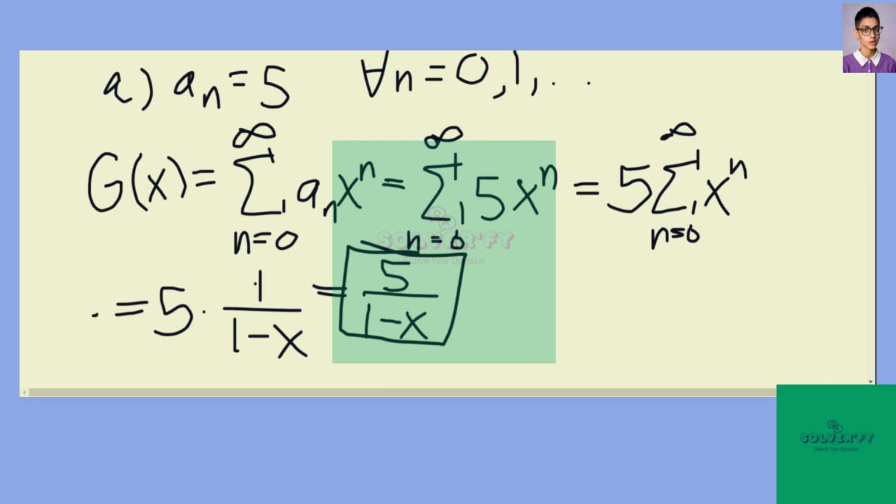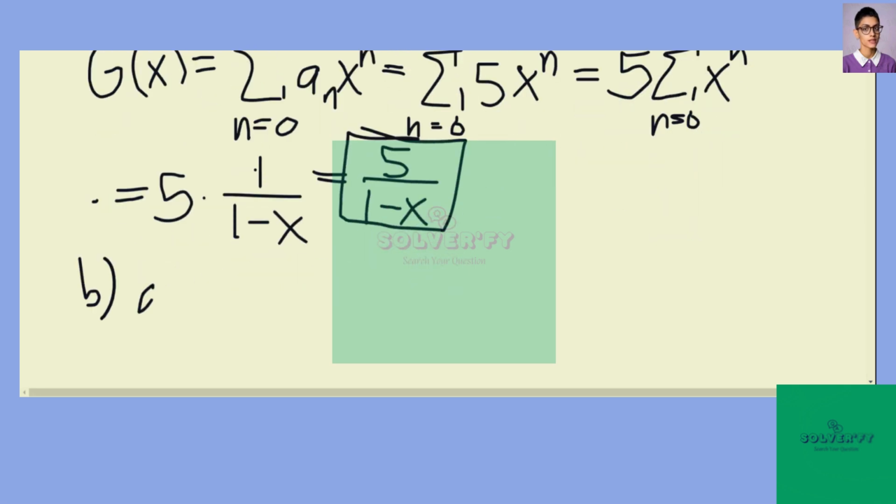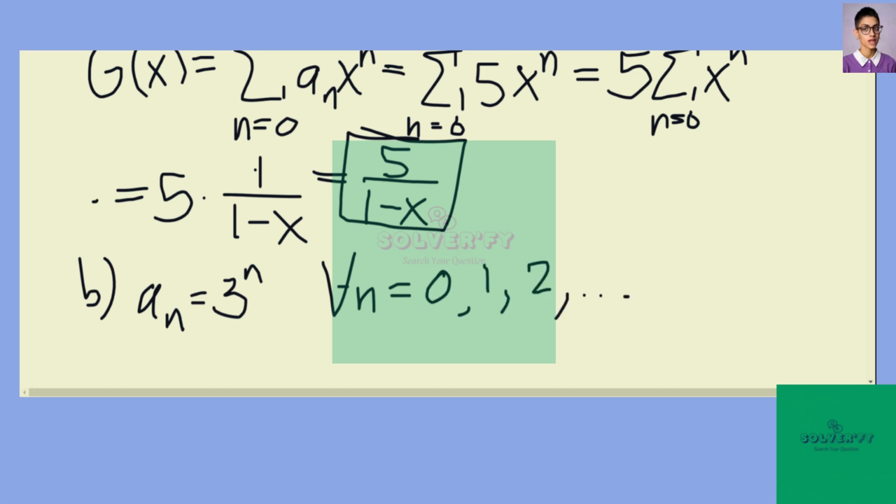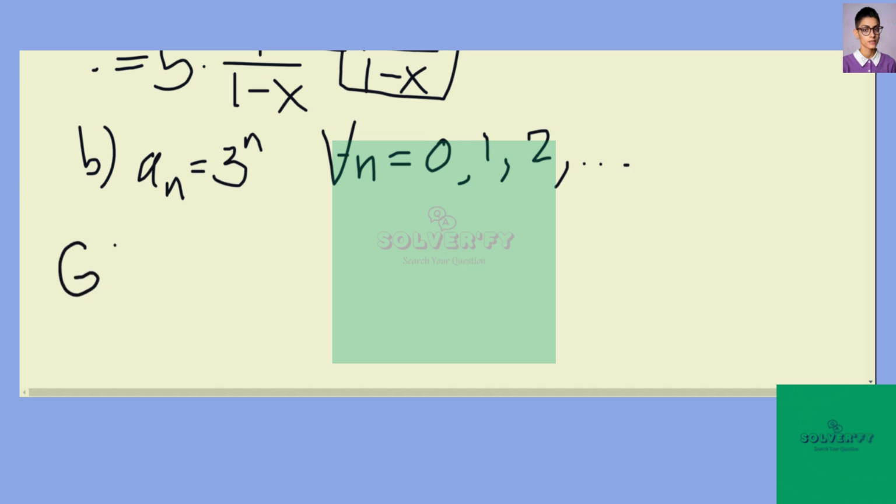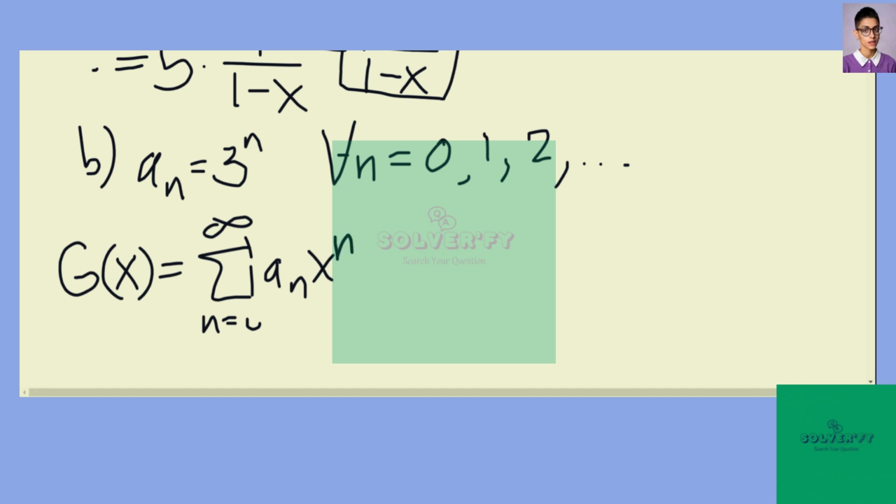In part B, the sequence is defined as a sub n is equal to 3 to the n for all n. We have the generating function for this sequence, g of x, is equal to the sum from n equals 0 to infinity of a sub n x to the n by definition.